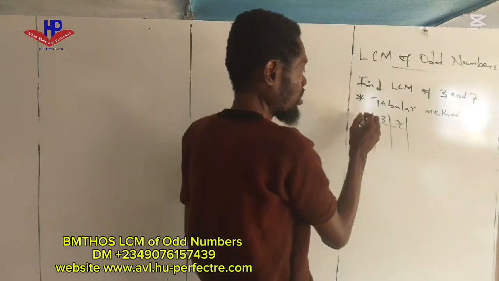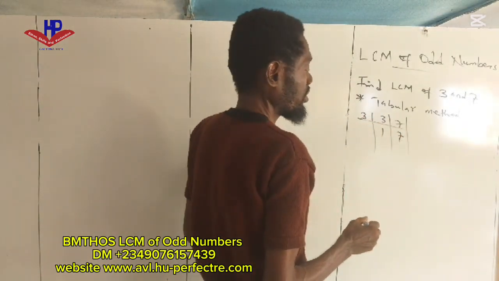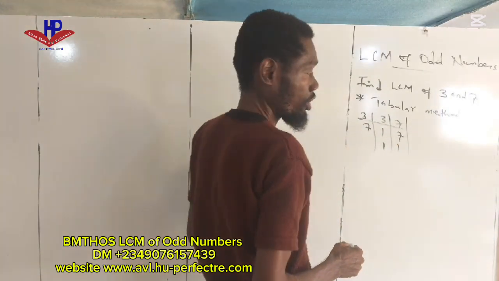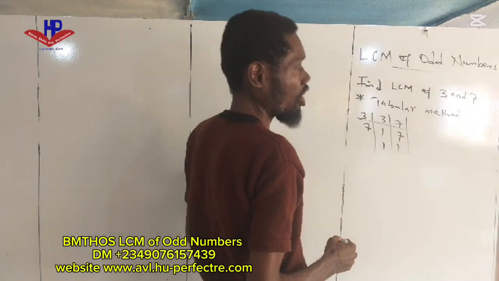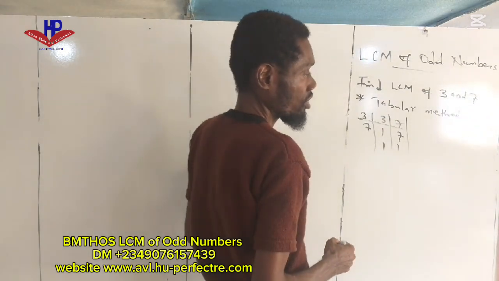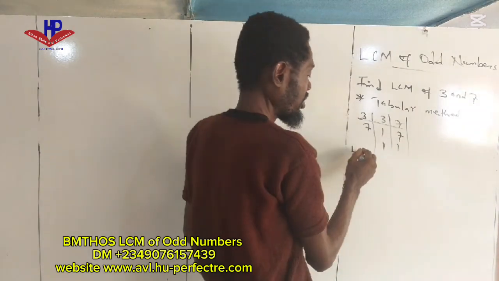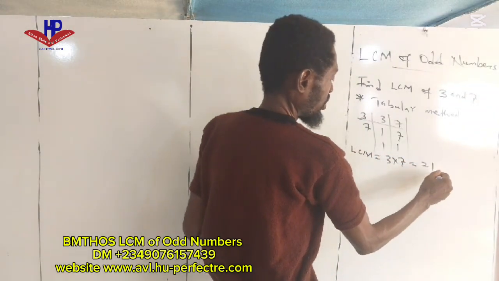There's no number. So 3 will divide itself, bring down 1, 7. 7 will divide itself, bring down 1 and 1. Remember I told you, for your LCM, if no number can divide all the numbers you're dealing with, then each of the numbers should divide itself. So our LCM will be 3 times 7, and that will give us 21.